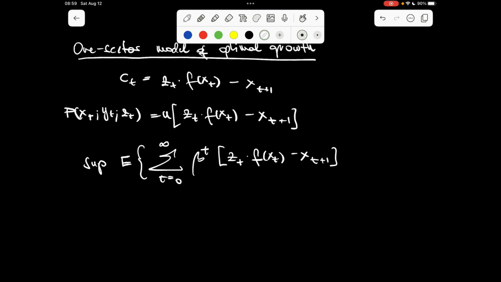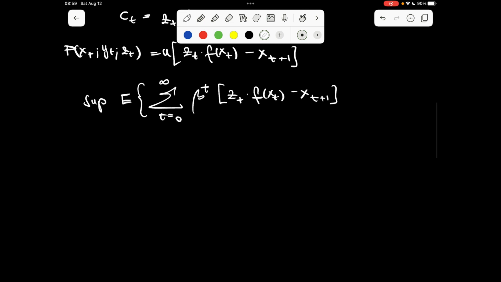We have a number of assumptions regarding the functions, the utility function and the production function, as described in the problem, which you can find in the textbook. So here we don't need to rewrite these assumptions. We just use them. First, in problem A, we are supposed to describe the feasible plans for this sequential problem.